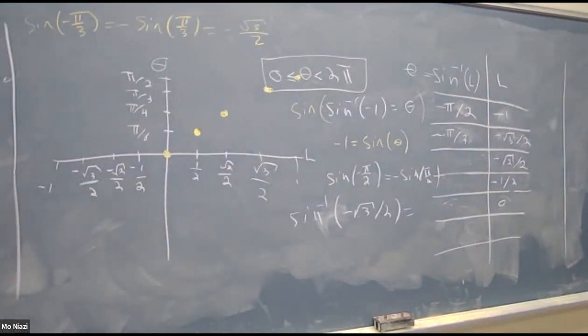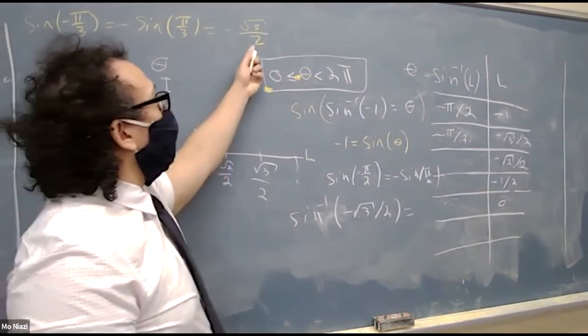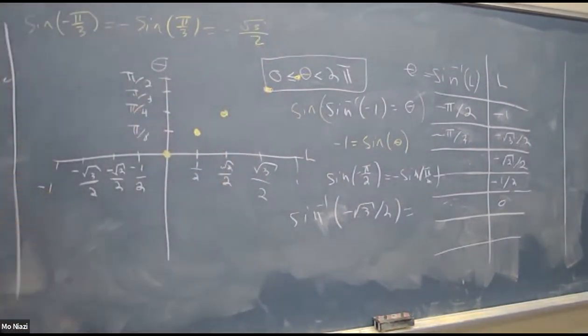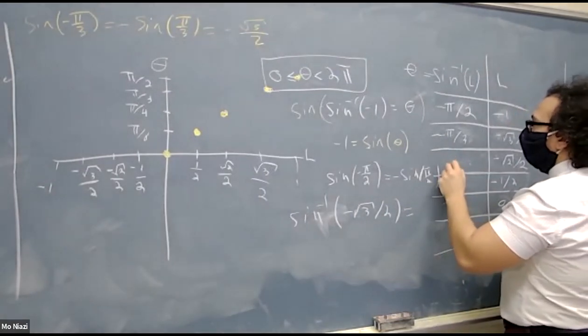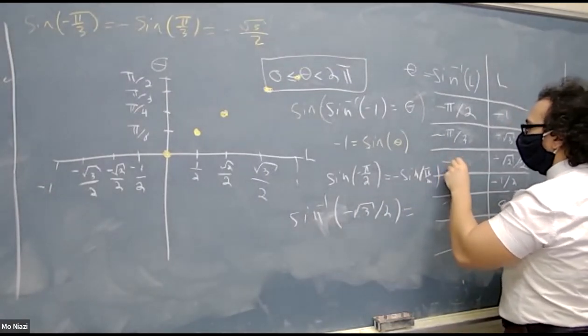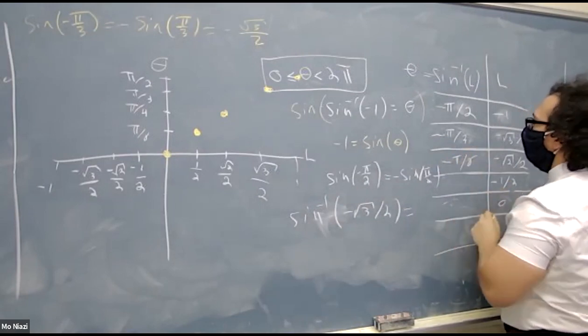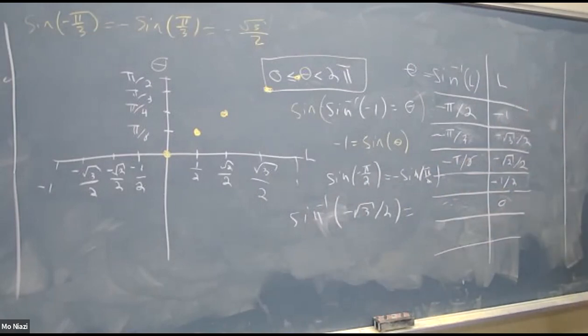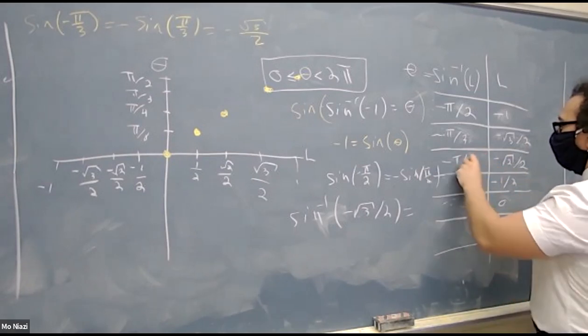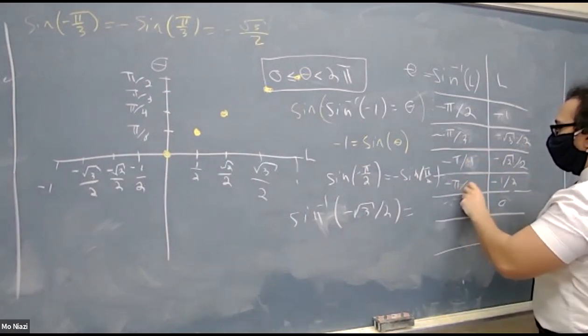So when we take the sine inverse of both sides, we get negative pi over 3. So we get negative pi over 2, negative pi over 3, negative pi over 4, negative pi over 6.